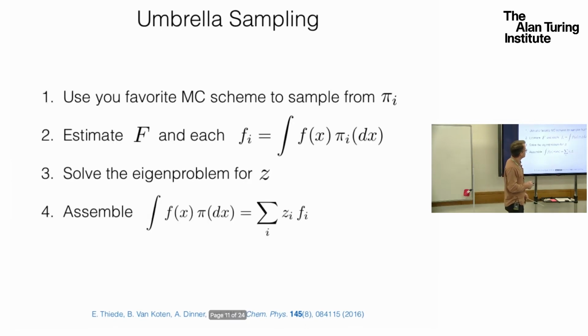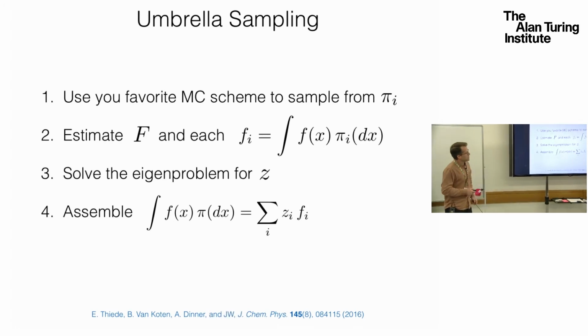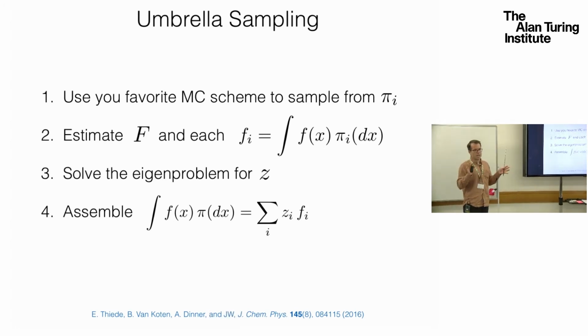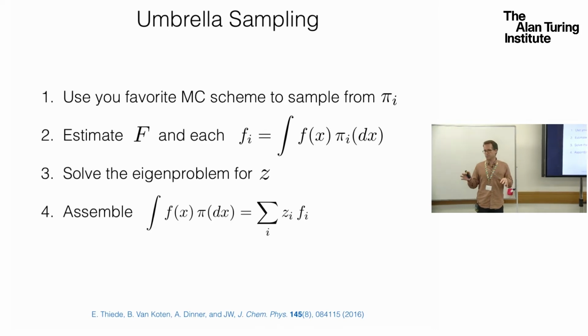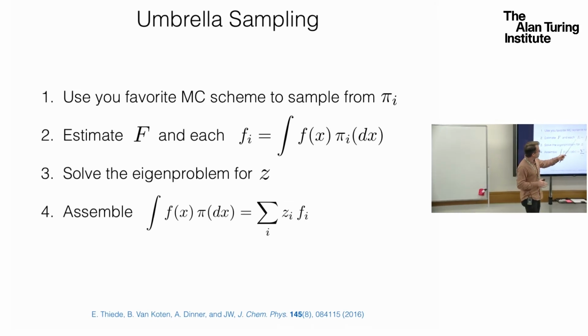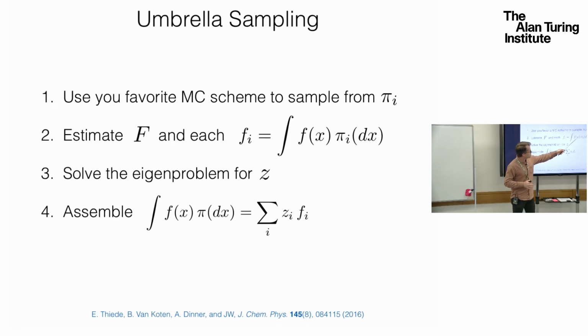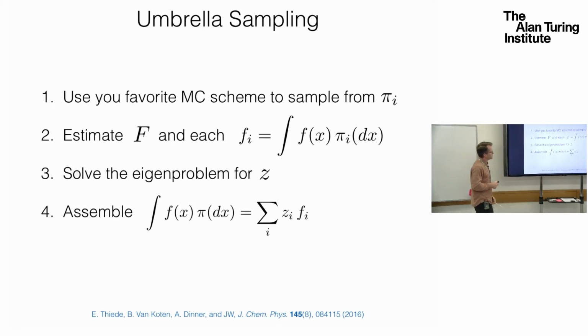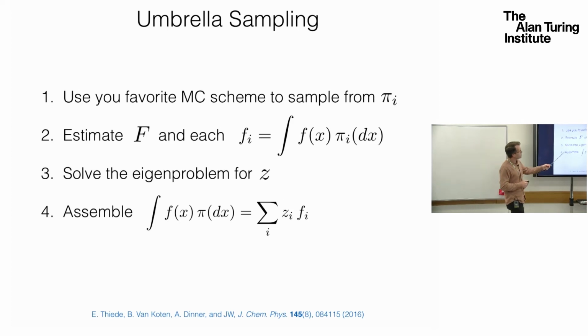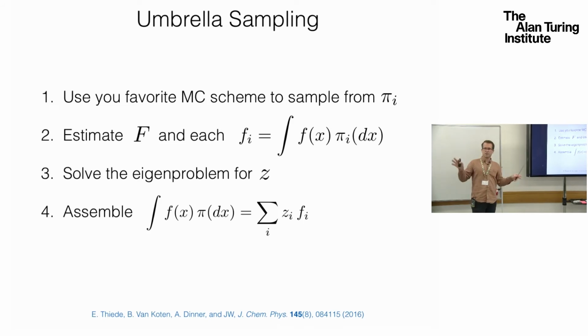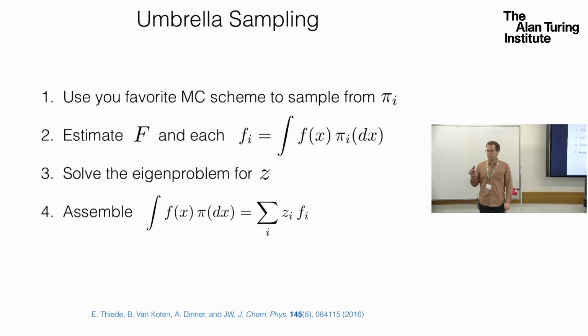So what does that mean? That means that after choosing my restraining functions and using them to define my biasing functions, I'm going to use my favorite MCMC scheme to sample each of the pi i. Whatever scheme you like, whatever's your favorite. I'm going to compute all of these averages of f with respect to the pi i that appeared in the expansion of the average of f with respect to pi. And I'm also going to compute all the entries in F. So those are a zillion averages I have to compute with respect to the pi i.